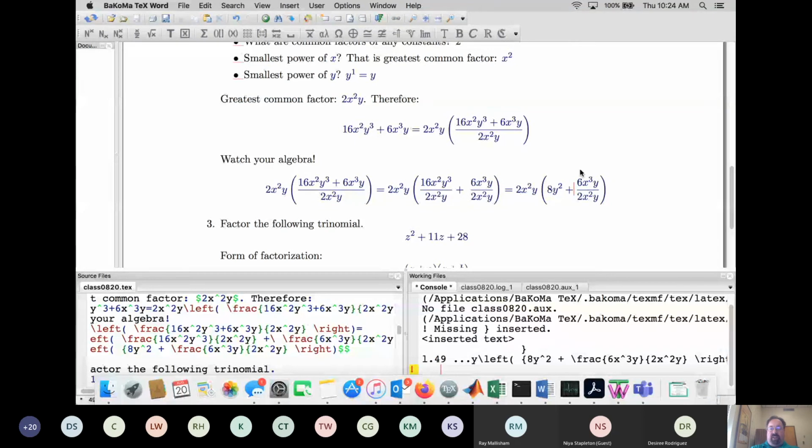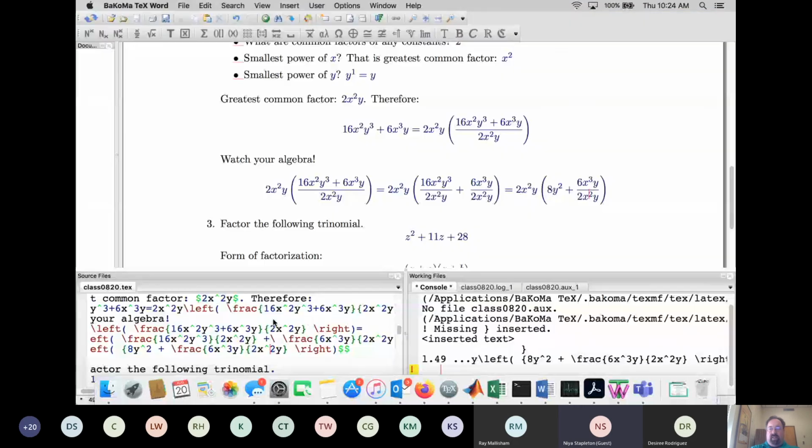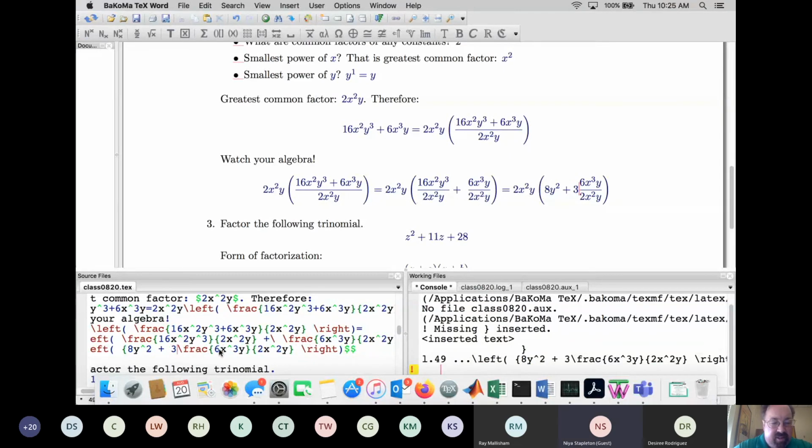So this fraction right here, what could it be reduced to? 3x.